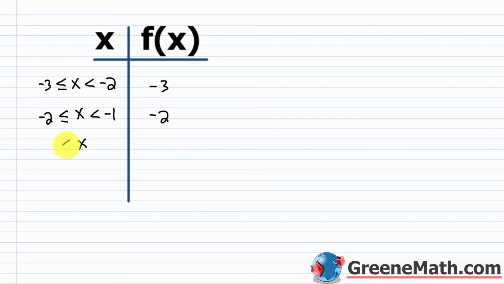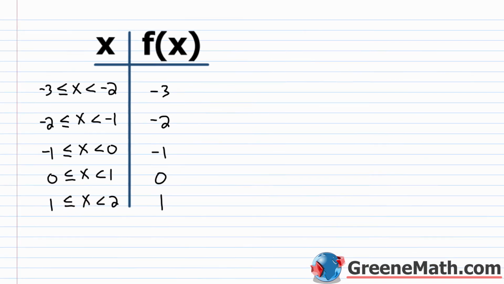If x was greater than or equal to -1, but less than 0, y would be -1. If x was greater than or equal to 0, but less than 1, we know y would be 0. So on and so forth. You'll see the pattern in a minute. Let me do one more of these, and then you'll be able to draw as many as you want. So if x was greater than or equal to 1, but less than 2, y would be 1.